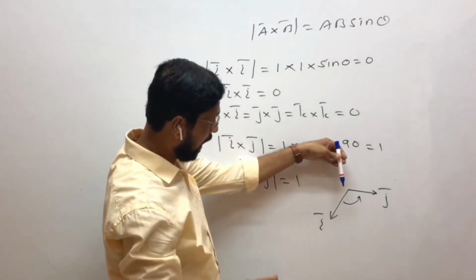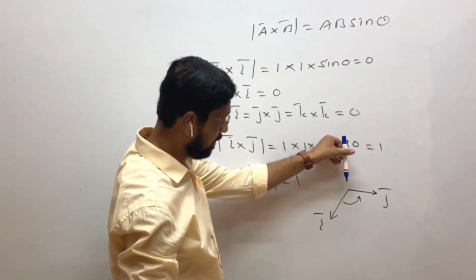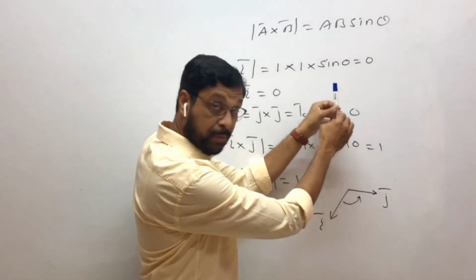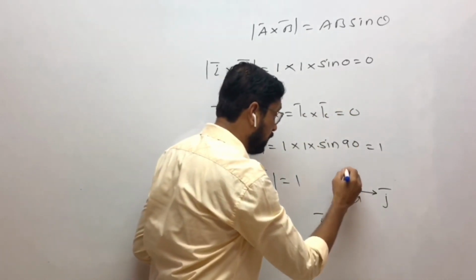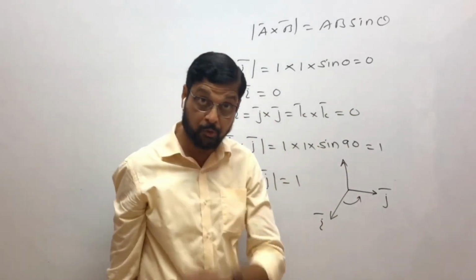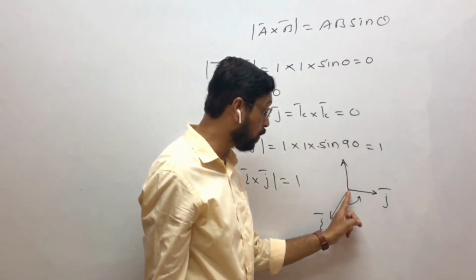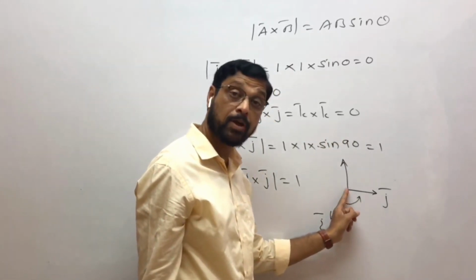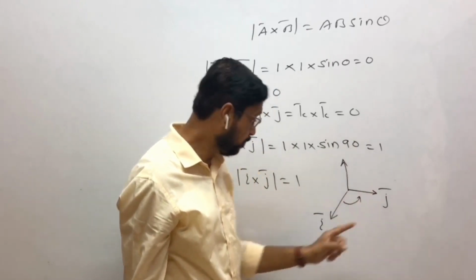When we rotate it anti clockwise, in that direction the screw will move up. Means direction of the cross product is upward. Direction of cross product is upward means it is along positive z axis.